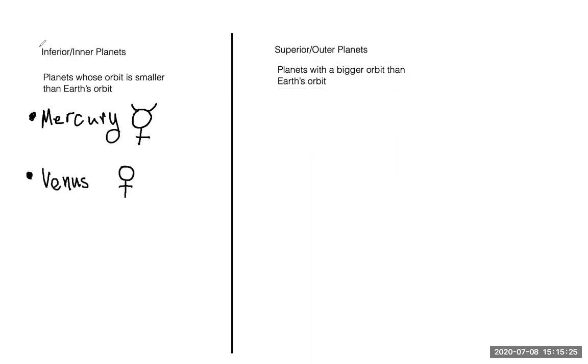Starting inward and moving outward, we have Mars, and Mars has the male symbol as its planetary symbol. You don't need to memorize these symbols, by the way, but I'm going to be using them throughout the course, so it's good to recognize them, but you don't need them for an exam. I'm not going to ask which symbol is which or anything like that.